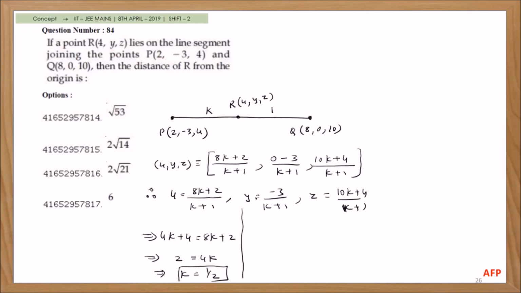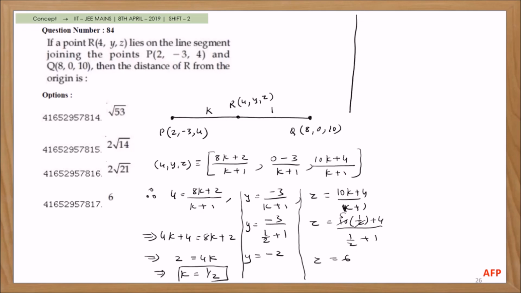I'll substitute in this. So y is equal to minus 3 divided by (1 by 2 plus 1), which is nothing but minus 2. And z is equal to (10 into 1 by 2 plus 4) divided by (1 by 2 plus 1). Going for cancellation, 5 plus 4 is 9, so 3 cancels, and we get 6.